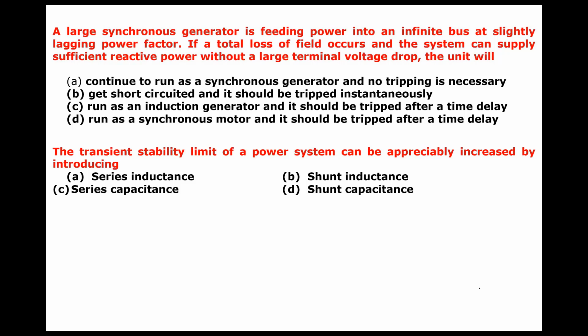So if a synchronous generator which is feeding real power or active power to the infinite bus bar suddenly has a total loss of field, suddenly the excitation circuit becomes 0, then what will happen? That is the question. It runs as an induction generator.